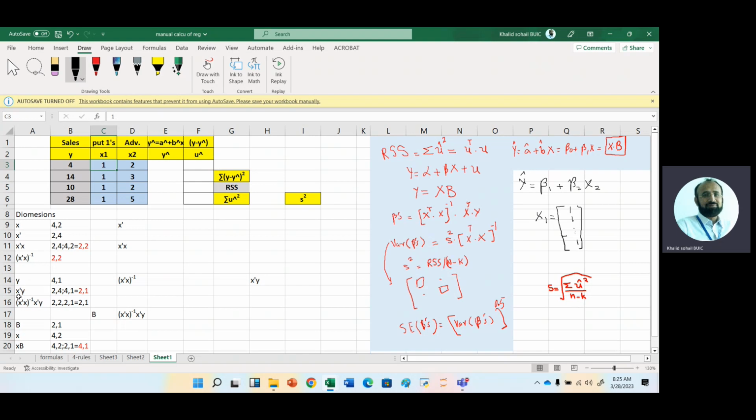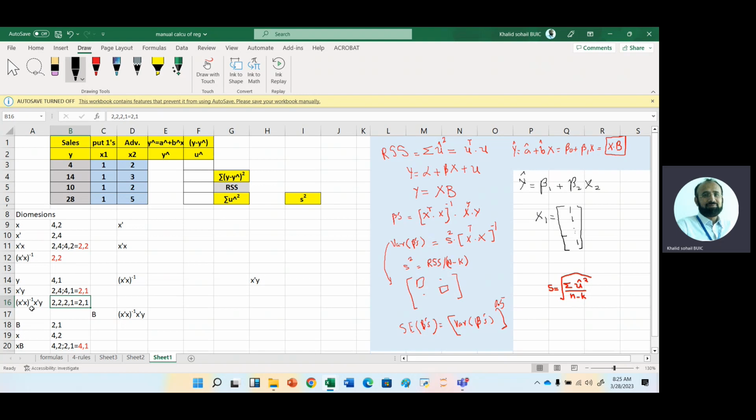So when we multiply X transpose by Y, the resultant matrix should be 2 by 1. When we multiply the first one, which is 2 by 2, and the second matrix, which is 2 by 1, the resultant matrix will be 2 by 1. By applying this formula, we will get betas in this way.